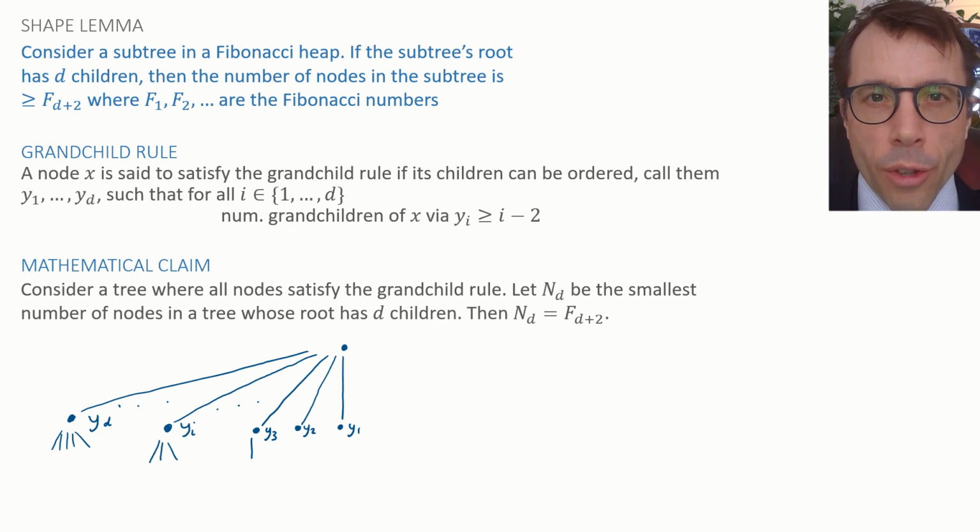We want to say something about the size of a tree, assuming that every node in it satisfies the grandchild rule. Let's pick some arbitrary node with d children, say, and ask what's the smallest that this tree can possibly be. Let's define n_d to be the smallest possible number of nodes in a subtree whose root has degree d, and let's find a recursive formula for n_d.